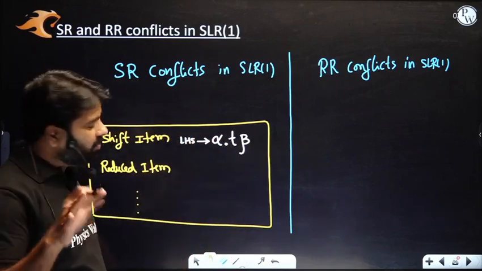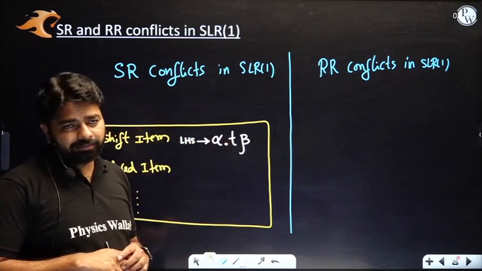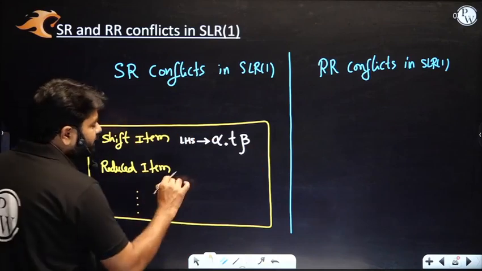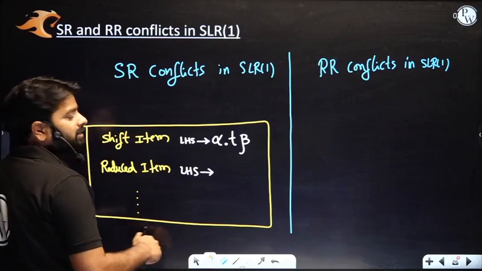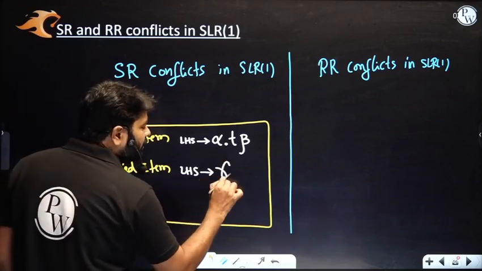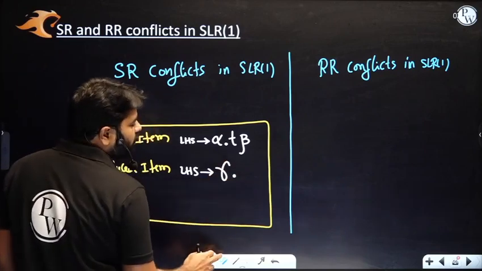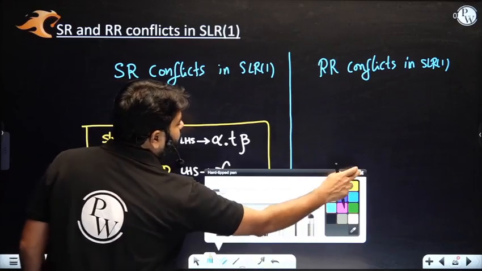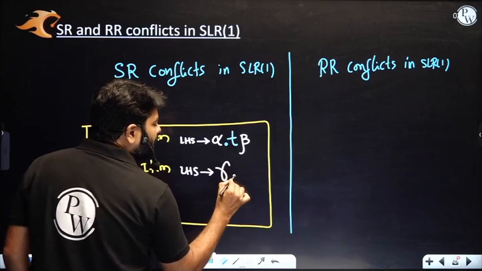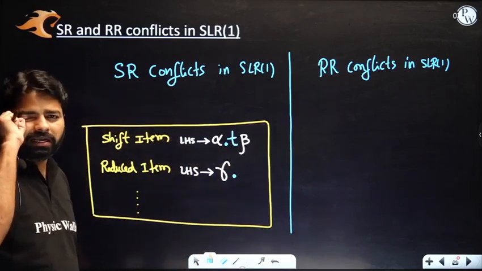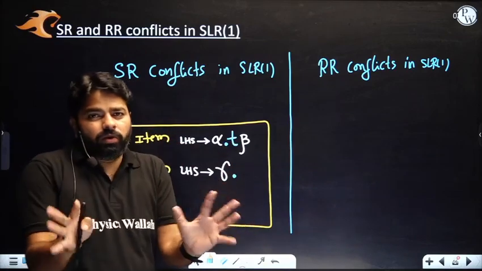Alpha, beta I do not know, but after the dot a terminal is there. And a reduced item means somebody is there at the LHS, and something here, gamma, with the dot at the end. So focus only on this blue. Here after the dot T is there, here after the dot no one is there. Do not look at who is LHS, who is alpha, beta, gamma, we do not care.